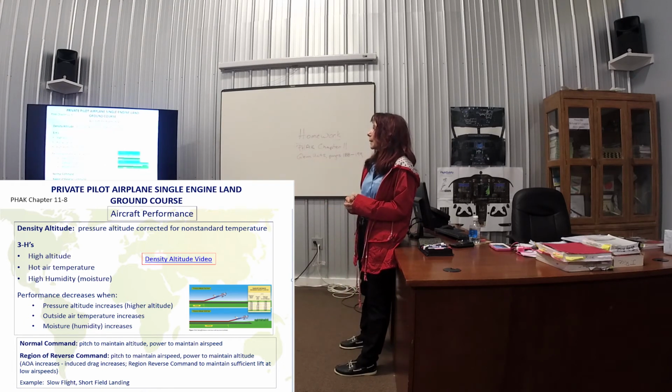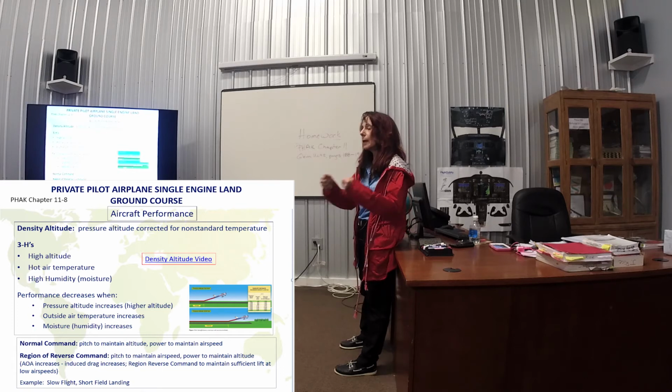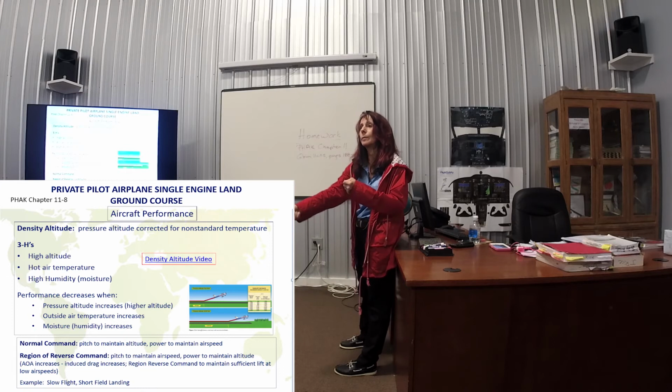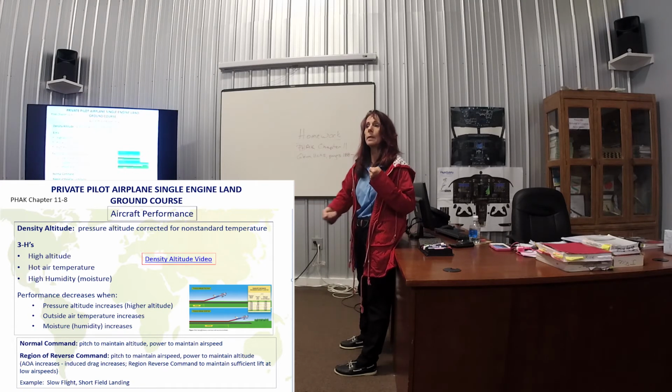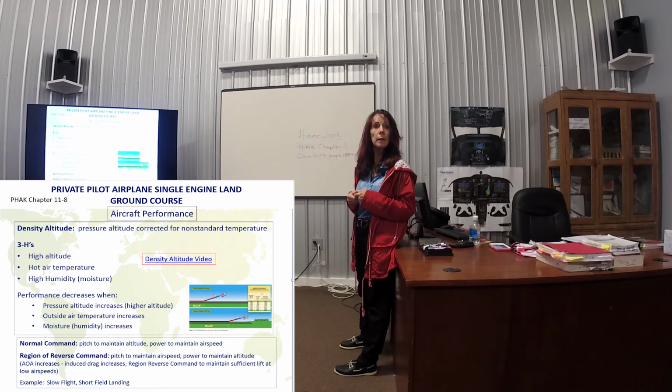Region of reverse command. So airspeed, altitude. When do you do this for airspeed, this for altitude? Well, slow flight, when you're low and slow. When you're practicing, when you're landing.